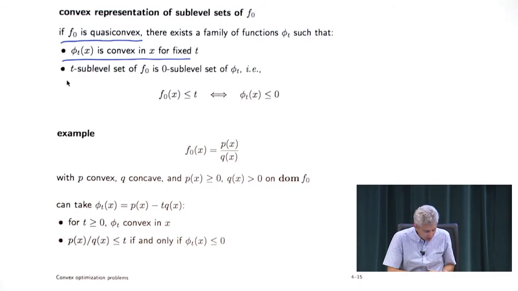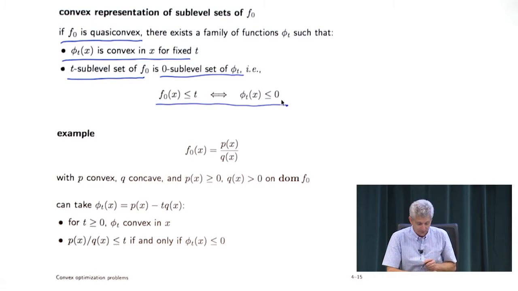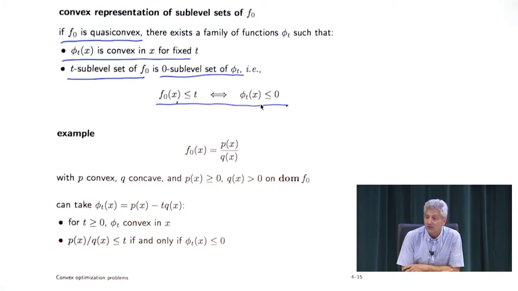And we arrange that the t sublevel set of f0 is the zero sublevel set of phi t. In other words, you have a representation that looks like this. So you represent the sublevel set of f0 by a convex inequality. And by the way, you can show abstractly that for any quasi-convex function there is such a representation. Frankly, that's not very interesting because in any particular case there's something simpler.